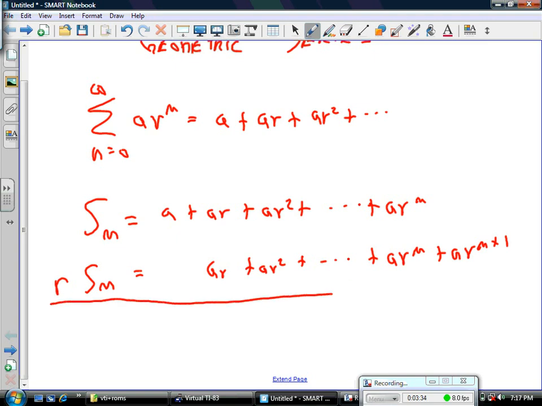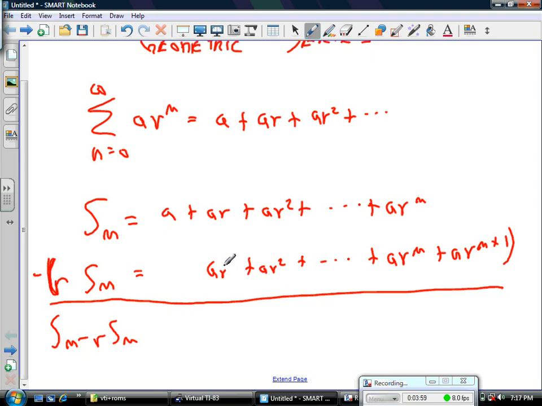I got 2 equations. Can I subtract them? What if I subtract the bottom from the top? Look what you get. What's S sub n minus r times S sub n? Well, that's what it is. But what happens here?